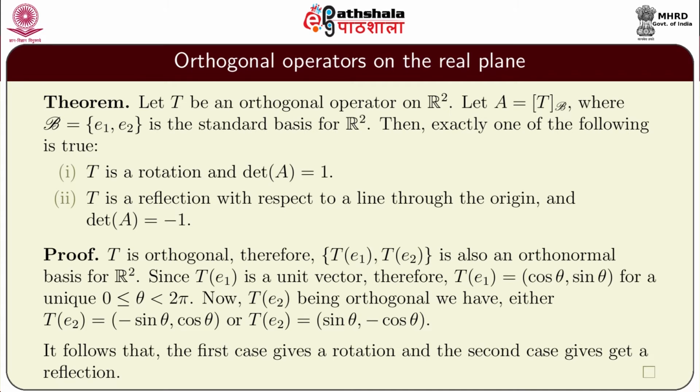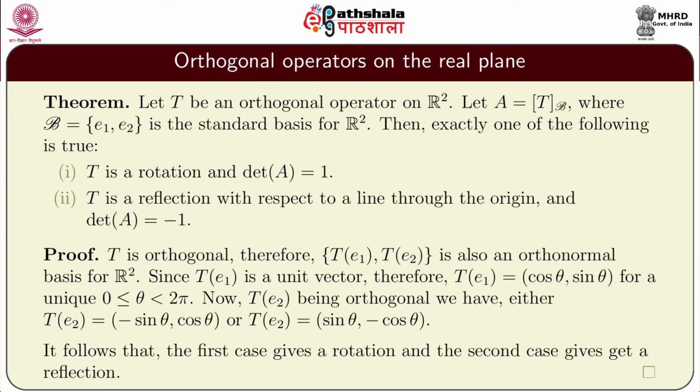Proof: T is orthogonal, therefore, the set containing Te1, Te2 is also an orthonormal basis for R2. Now, since Te1 is a unit vector, we have Te1 is equal to (cosine theta, sine theta) for a unique theta which is greater than or equal to 0 and less than 2 pi.